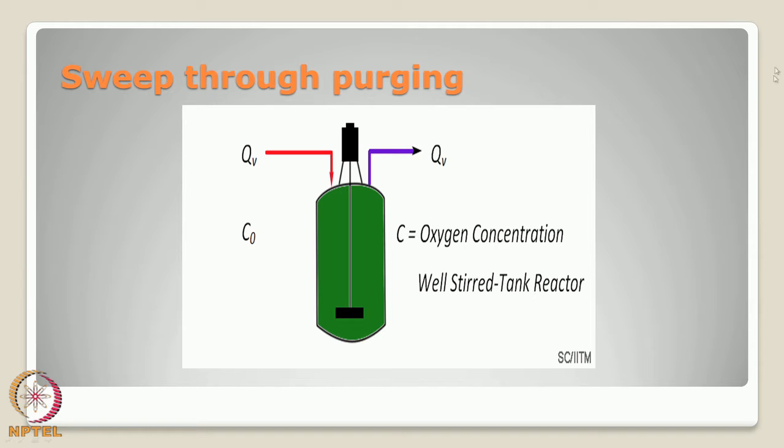The vessel is shown in green color and the system through which the purging gas enters and exits is what is shown in this level here. So, from one end the purging gas is allowed inside and parallelly from the other end the mixture is evacuated, where CO is what we call oxygen concentration, which is measured at any instant of time.